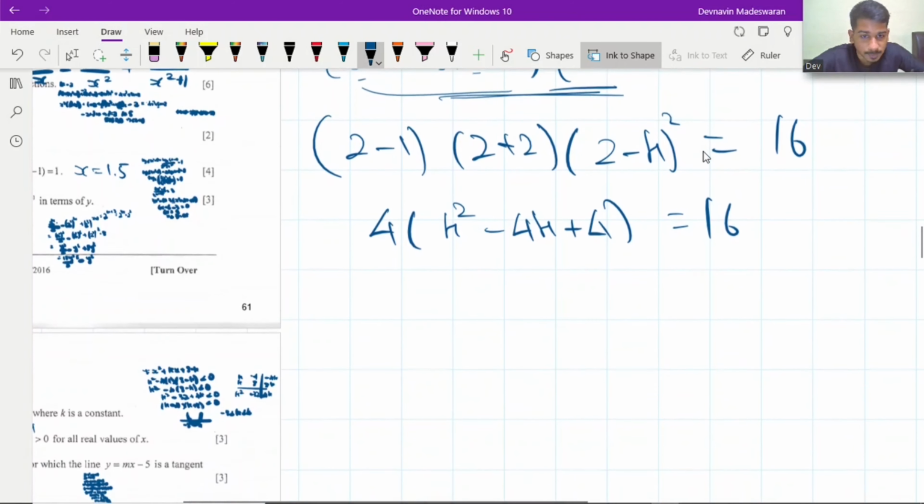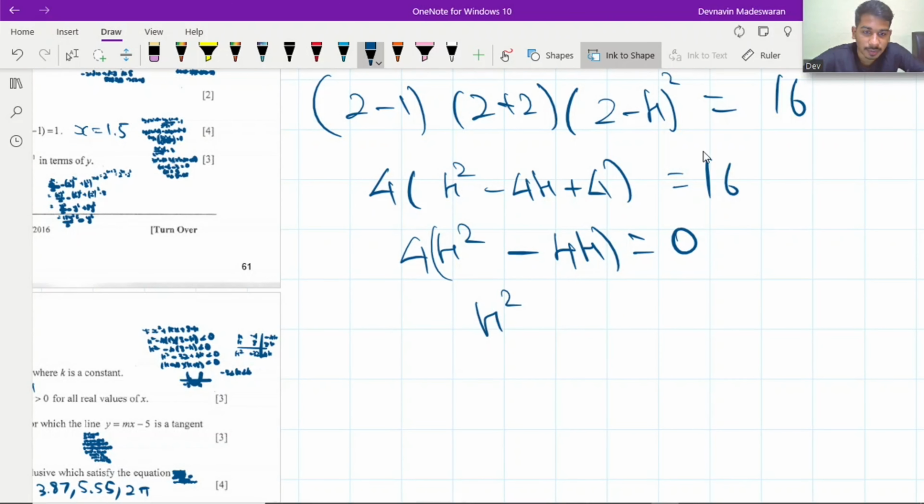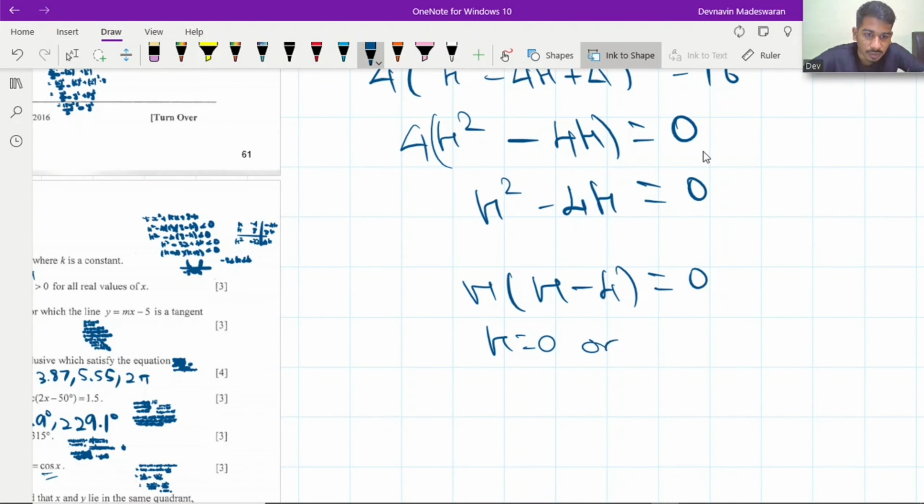And you see 4 times 4 will be 16, that will be gone. So you have 4k square minus 4k is equal to 0, and so k square minus 4k is equal to 0. So k is going to be 0 or 4.